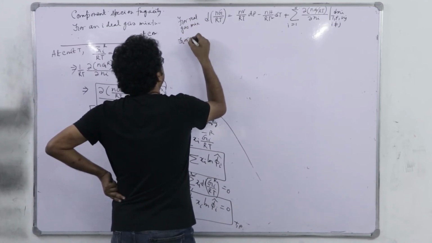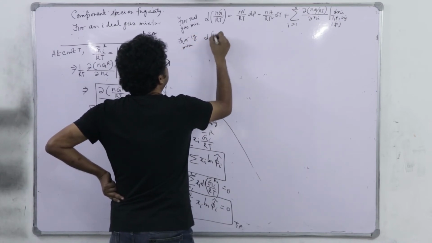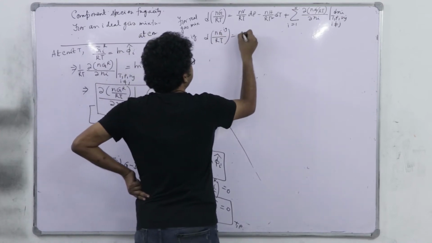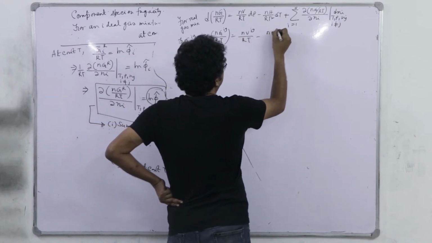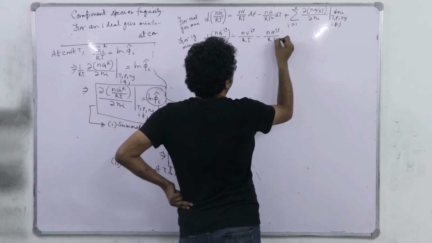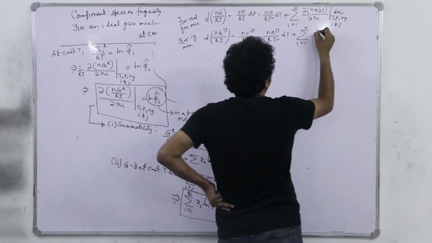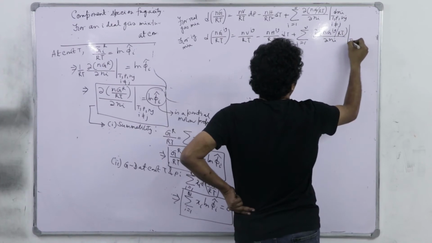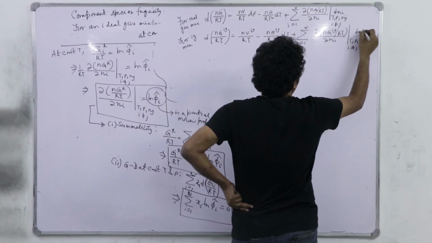Similarly, we can write for an ideal gas mixture, d of nG ig by RT equals nV ig by RT dP minus nH ig by RT squared dT plus summation i equal to 1 to n of del of nG ig by RT, del ni at T, P, nj constant (j not equal to i), dni.